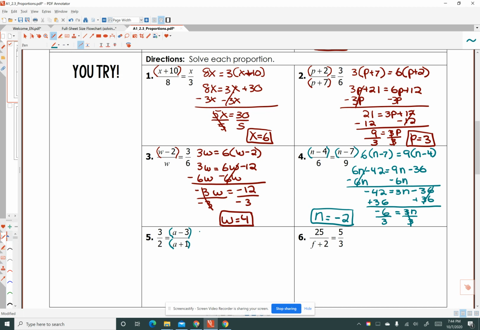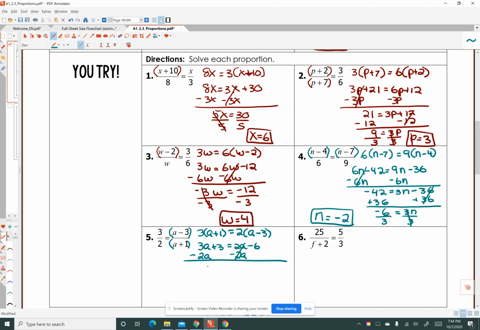So we're going to have 3a plus 1 equals 2a minus 3. And when we distribute, 3a plus 3 equals 2a minus 6. And I'm going to move, I've decided I'm going to move the smaller number, the 2a, over to the left. So I have no variables on the right.